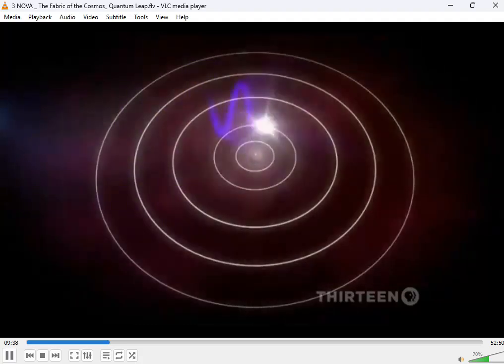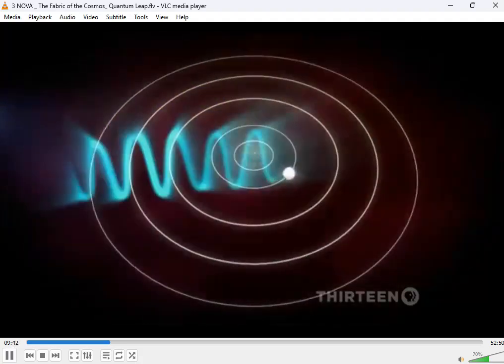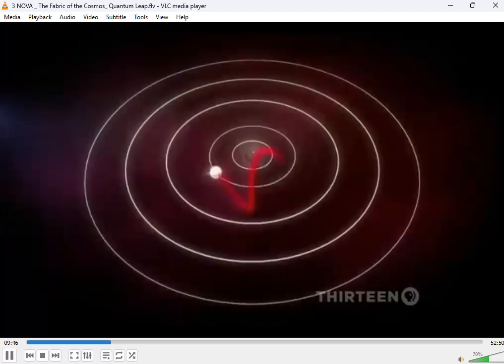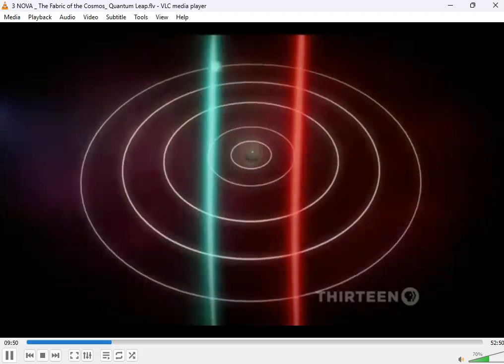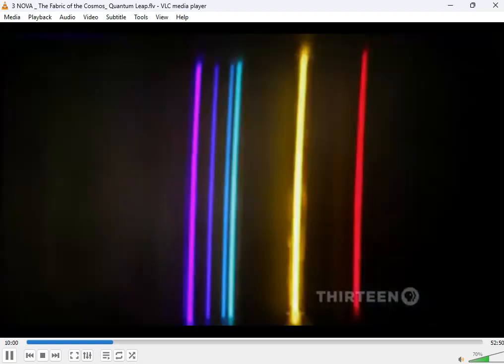Each downward leap would emit energy in the form of light in very specific wavelengths. And that's why atoms produce very specific colors. This is where we get the phrase, quantum leap. If it weren't for the quantum leap, you would have this smear of color coming out from an atom as it got excited or de-excited. But that's not what we see in the laboratory. You see very sharp reds and very sharp greens. It's the quantum leap that's the origin and the author of that sharp color.